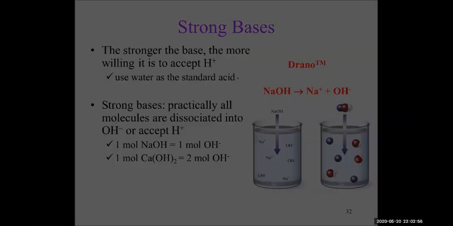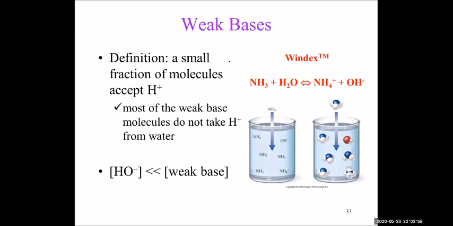So that's strong base. Weak bases are all the others, and there are hundreds of thousands of weak bases. Most weak bases are organic compounds with nitrogen in the structure. They tend to be weak bases.